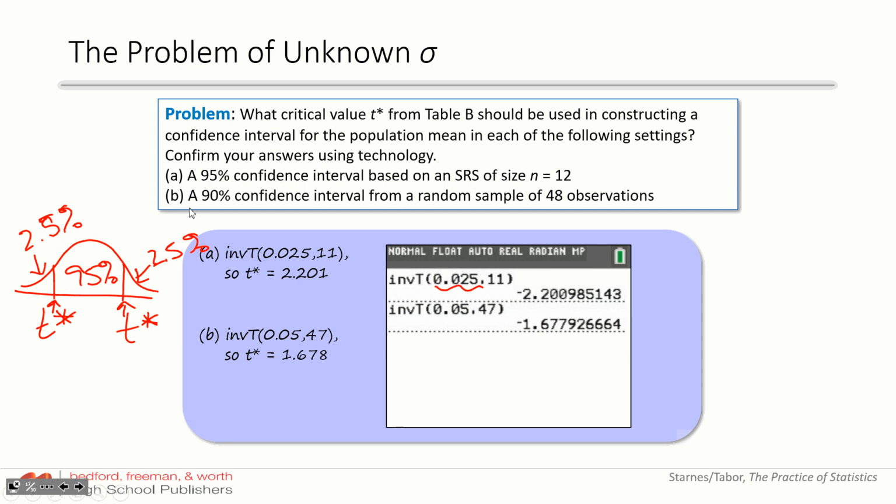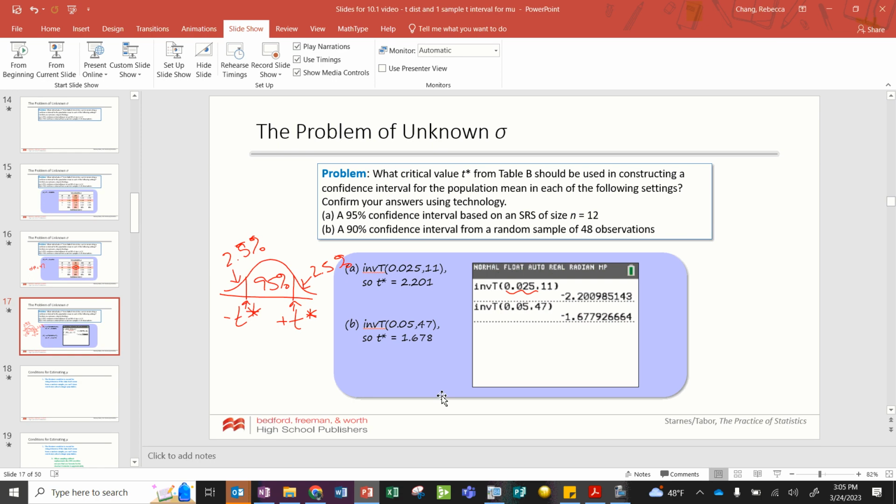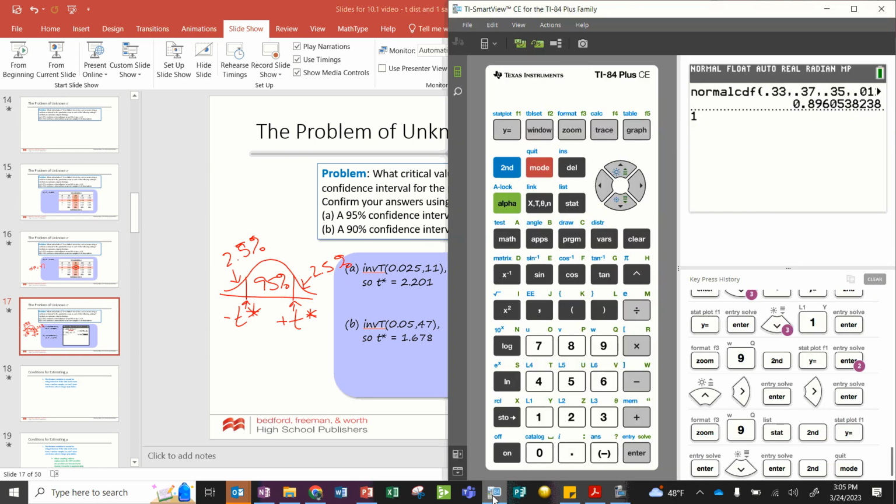And your calculator spits out a negative value, but remember a T star, we just always make it positive because in the formula for confidence intervals, we have plus or minus, which takes care of the positive T and the negative T. All right. I'm going to show you real fast. I'll pull up my calculator if you want to see what menu to get that from.